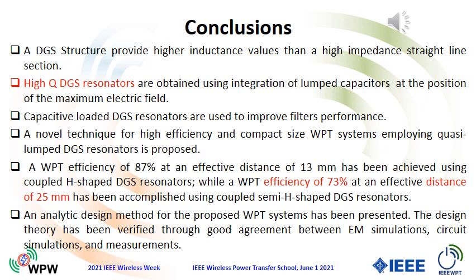An analytic design method for the proposed wireless power transfer systems has been presented. The design theory has been verified through good agreement between electromagnetic simulations, circuit simulations, and measurement.